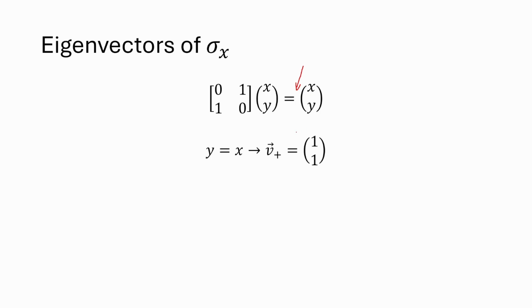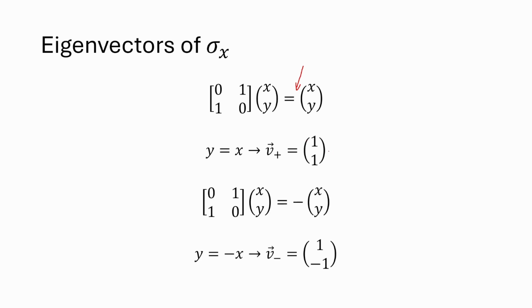And this gives a very simple equation. That equation is y equals x, so our vector is 1, 1. Just like last time, there are infinitely many answers, but usually we just pick a value that's simple and roll with it. And then the eigenvector for the other eigenvalue, the negative one, is 1, minus 1.